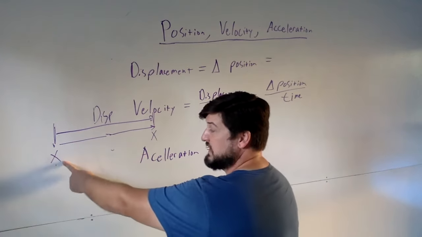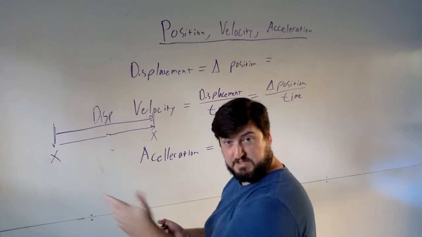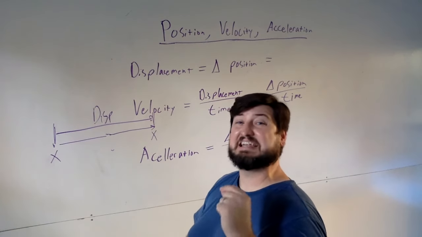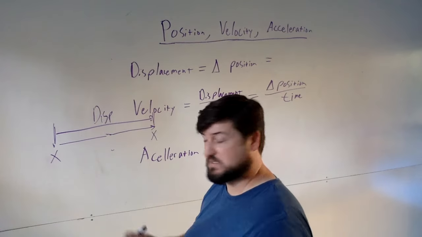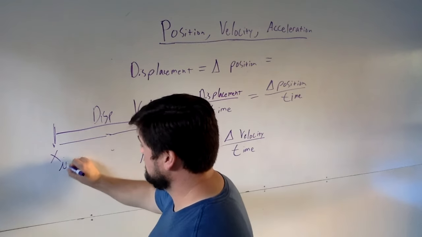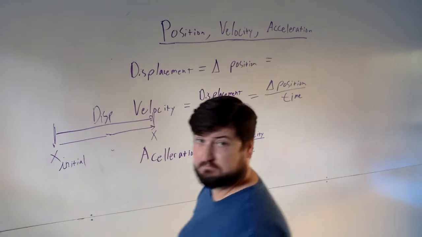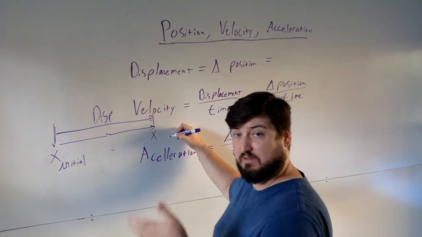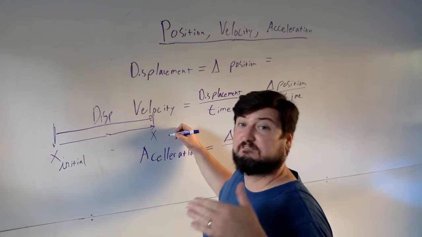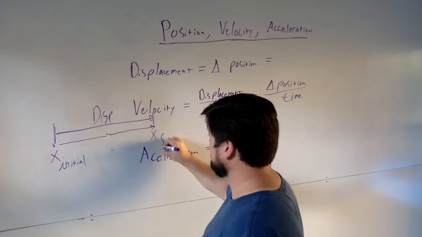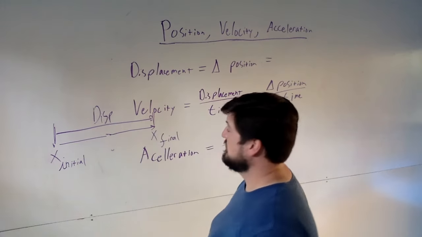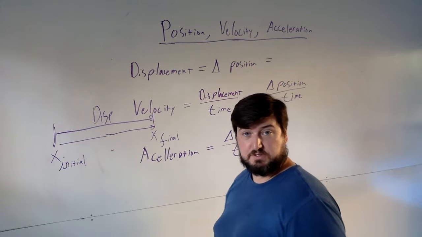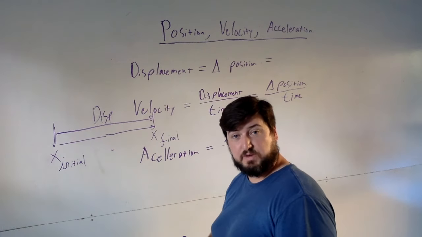We start out with some kind of a first position or a beginning position, or as we call it in physics, an initial position. X initial, all right? And we ended up with someplace over here, our end position or our last position, or in physics again, our final position. Final position, initial position. So displacement is the change between the two.